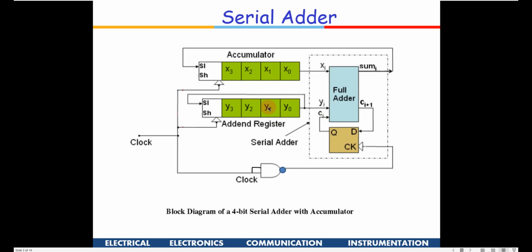Now when I have the next bit x1 and y1 coming here, it will add, and the sum is going to come from here, and this is a shift register. So when I add x0 and y0, the carry will be available here, and a sum is going to come into this register, right? In the next clock cycle, I have x1 coming here, y1 coming here.